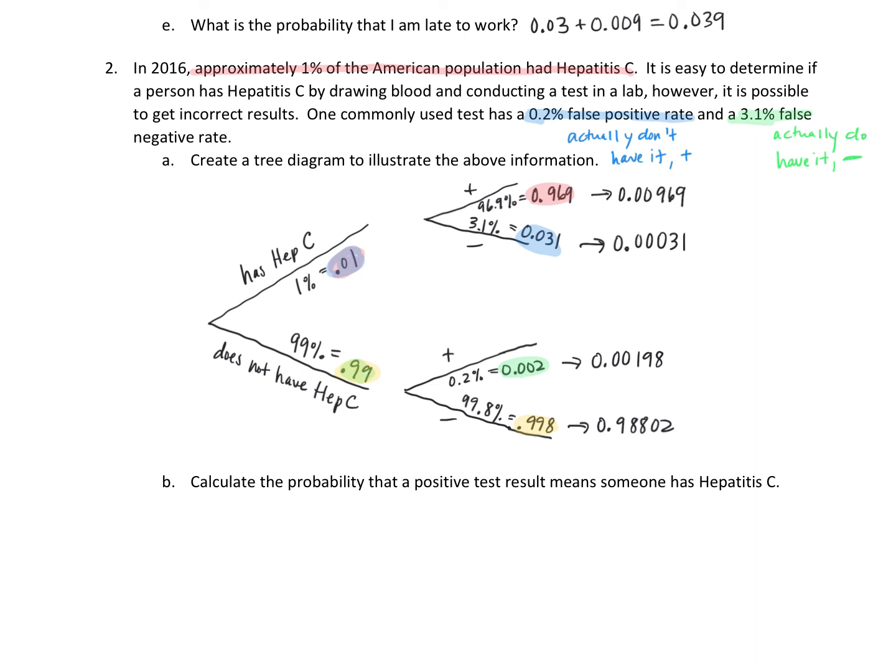So now we can use that information to calculate the probability that a positive test result means someone has hepatitis C. So let's look at the first part. A positive test result. Well, there are two different ways you can get a positive test result.